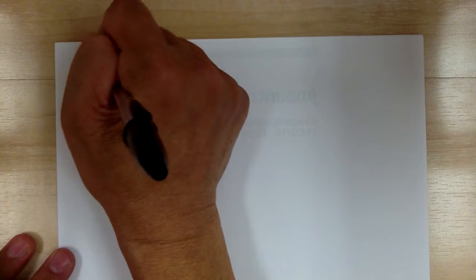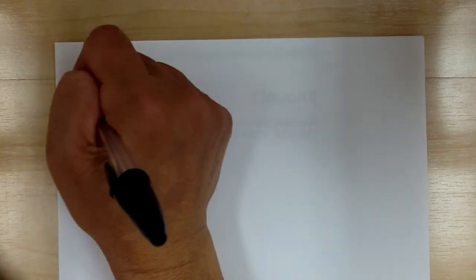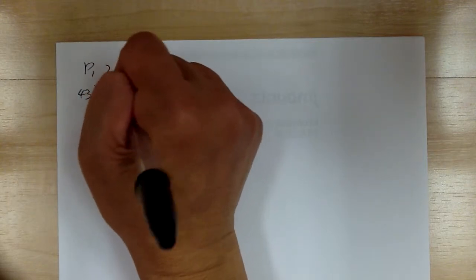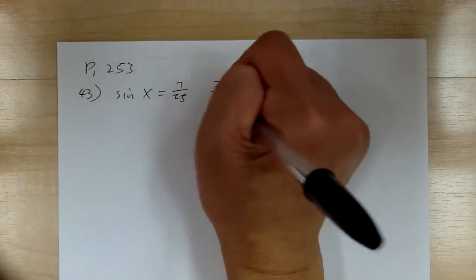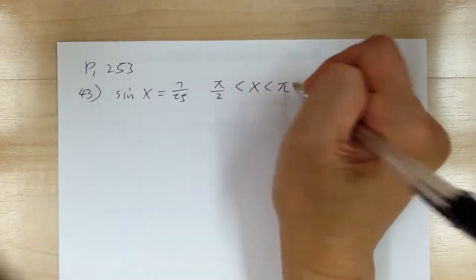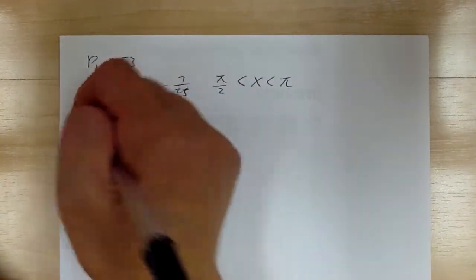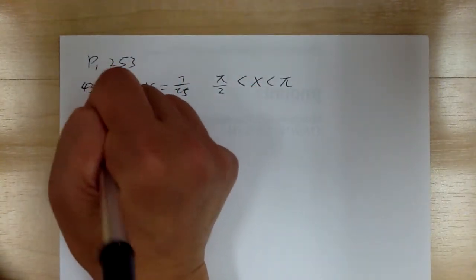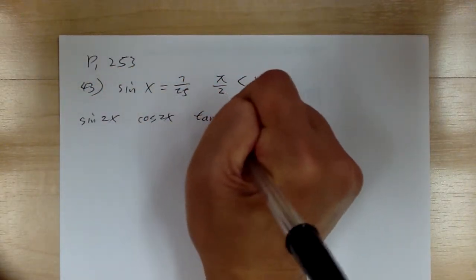Okay, let's go to 43. You have sine of x equal to 7 over 25, and the angle is pi over 2 less than x less than pi. So this tells you what quadrant it is in. You're looking for sine 2x, cosine 2x, and tangent 2x.